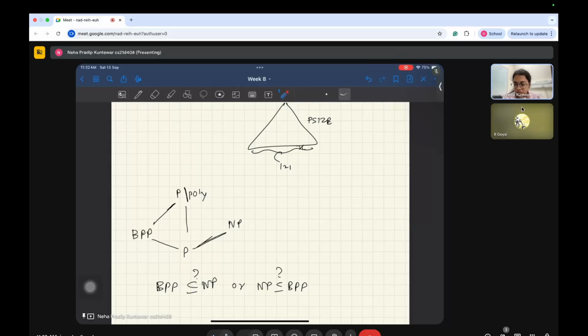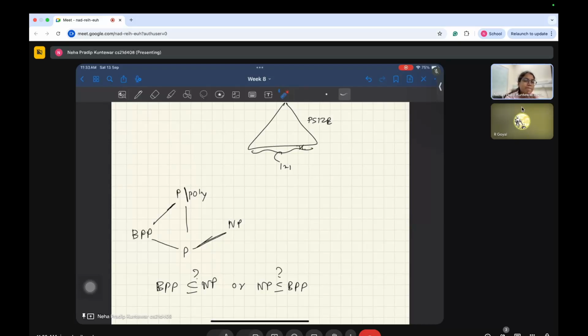So we don't know yet how to capture that by just one function. Right. And I could not understand why this BPP is contained in P/poly. Yeah, I don't have the proof fresh in my mind, the Karp-Lipton proof.